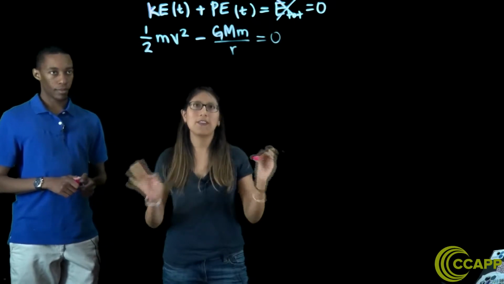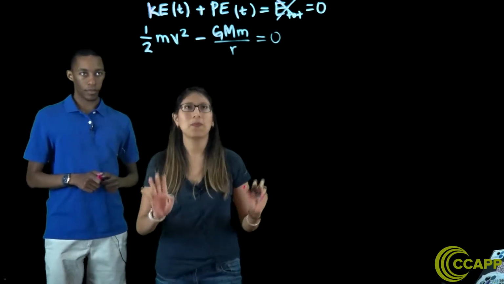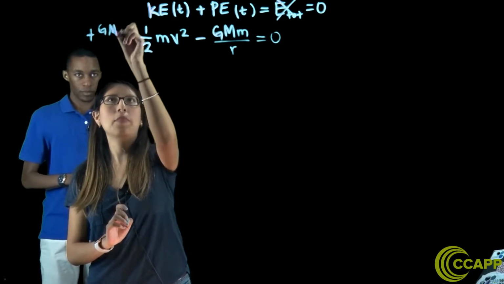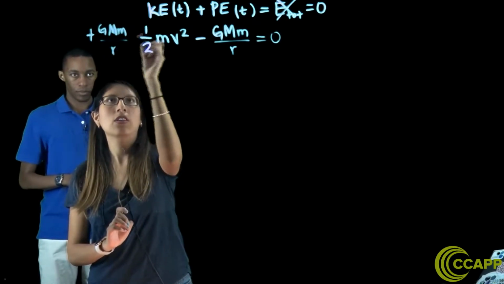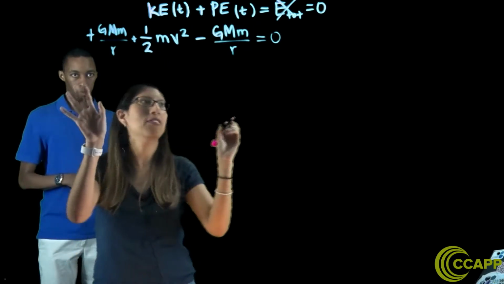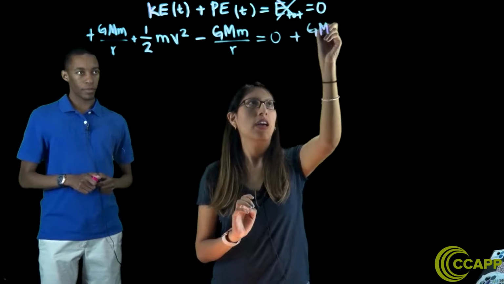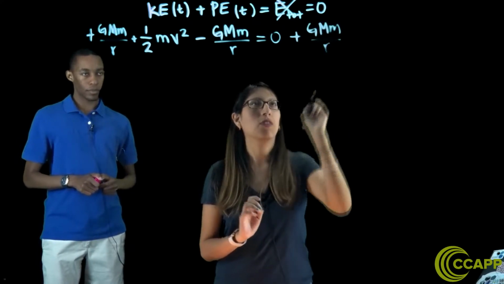So to make my life easier, I'm going to add a GMm over r on the left side, and also a GMm over r on the right side.